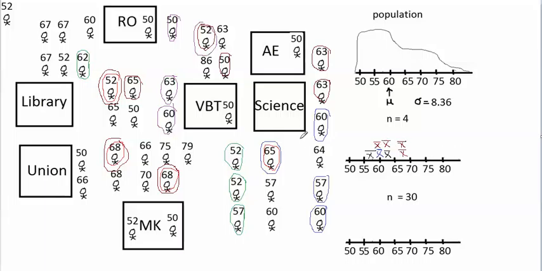So if I ended up selecting 4 really tall students, the sample mean would end up being really high, and I would get a sample mean out here. If I ended up selecting 4 really short students, I would have a low sample mean, and that sample mean would be down here. But there aren't as many of those extreme samples in the population. Most of the possible samples of 4 people would have a sample mean somewhere in the middle.